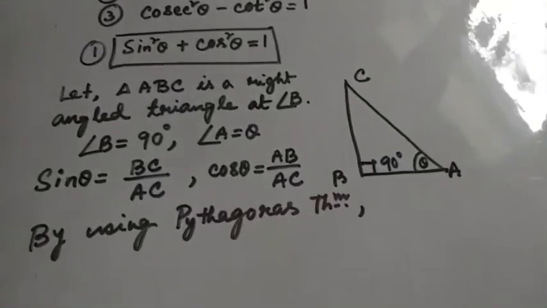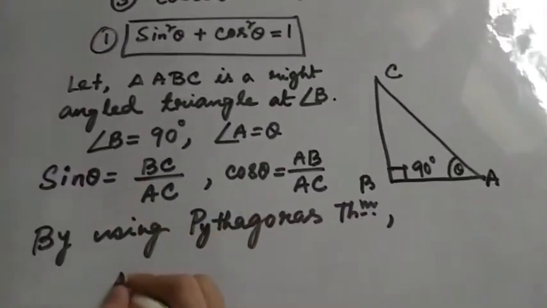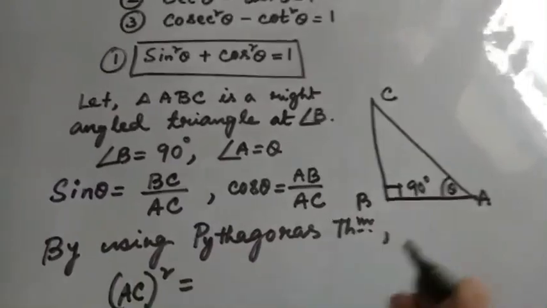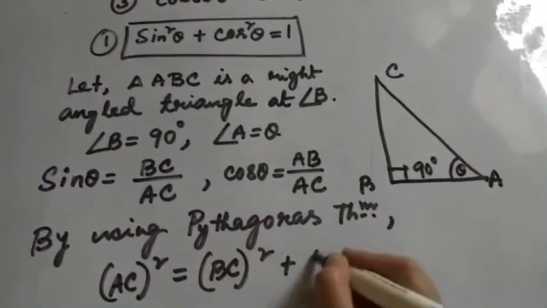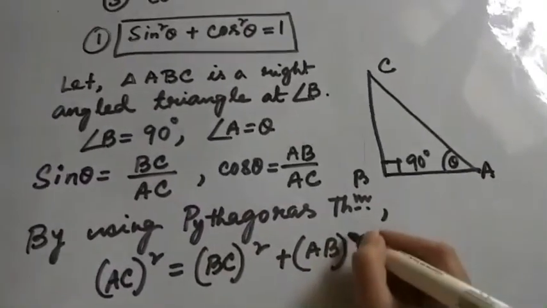What was the formula? Hypotenuse square, that means AC square equals BC square plus AB square.